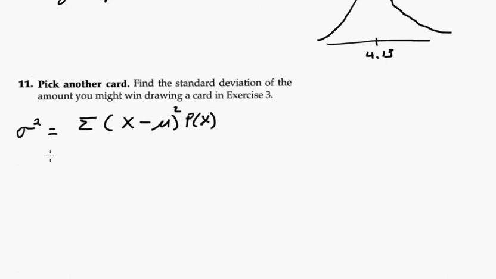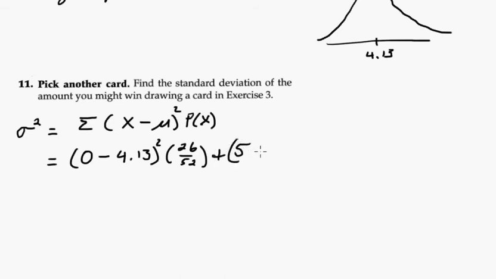So the first one was 0 minus 4.13, squared, times 26 out of 52. The next one was $5, so 5 minus 4.13 squared times 13 out of 52, the probability of a spade.